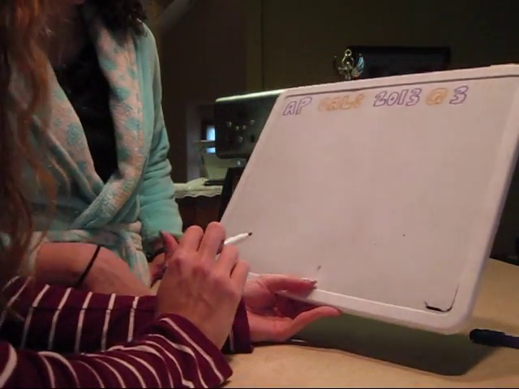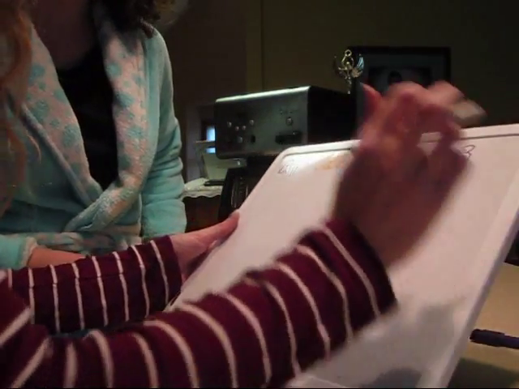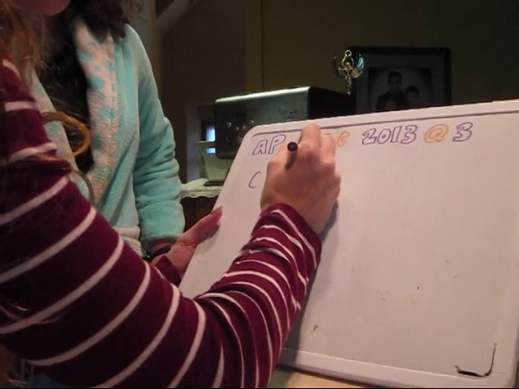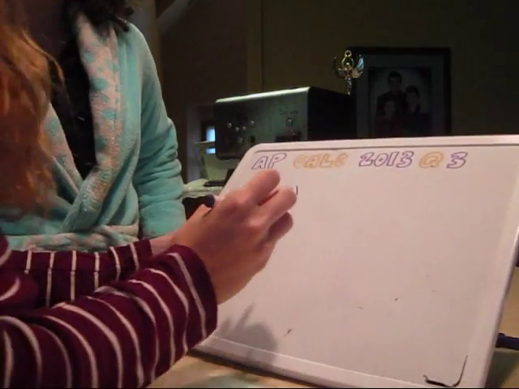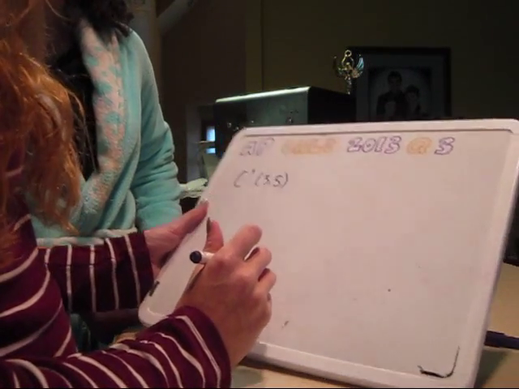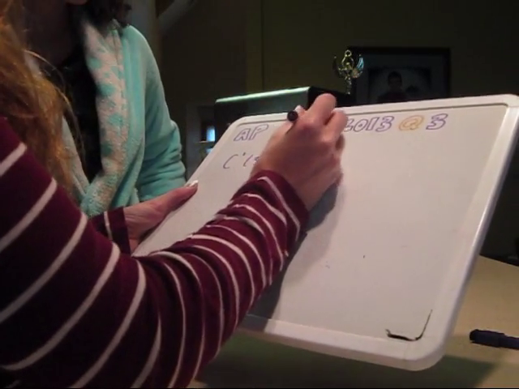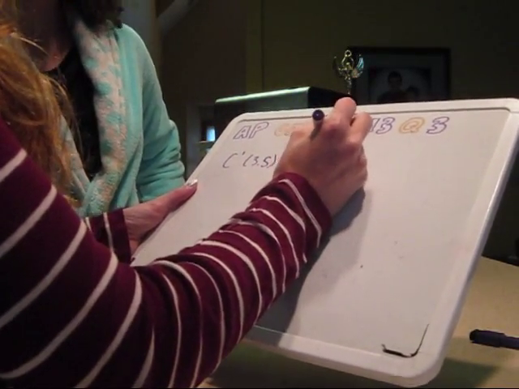Alright, so first we want to approximate C prime at time 3.5. Now in order to do this, we want to use AROC, or the average rate of change, of the values that were given in the table of 3 and 4, since 3.5 is right in between 3 and 4.